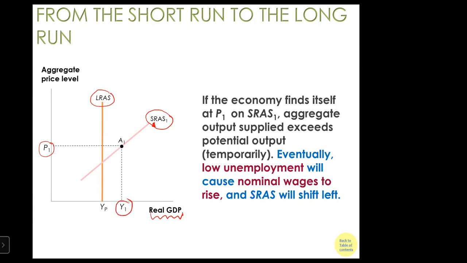Y1 is greater than YP, and YP is your potential. What does this mean? This means we produce more than we potentially can produce, which means the unemployment rate is very low.